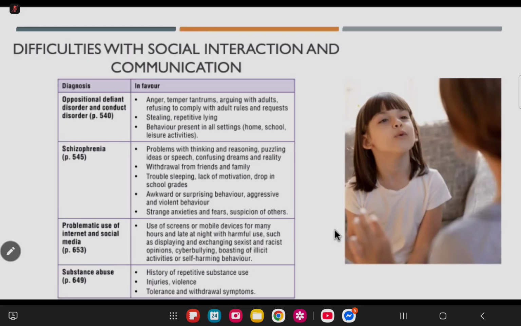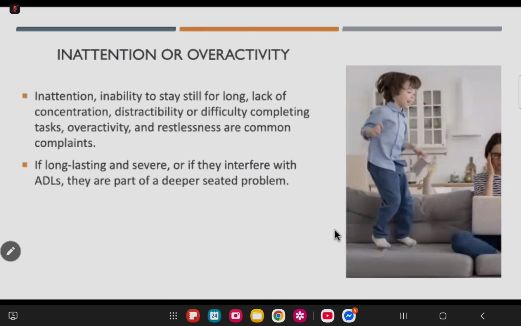So take note, guys. Maybe you have this problematic use of internet and social media. Substance abuse: history of repetitive substance abuse such as alcohol, illicit drugs, tobacco, smoking, and vaping also.